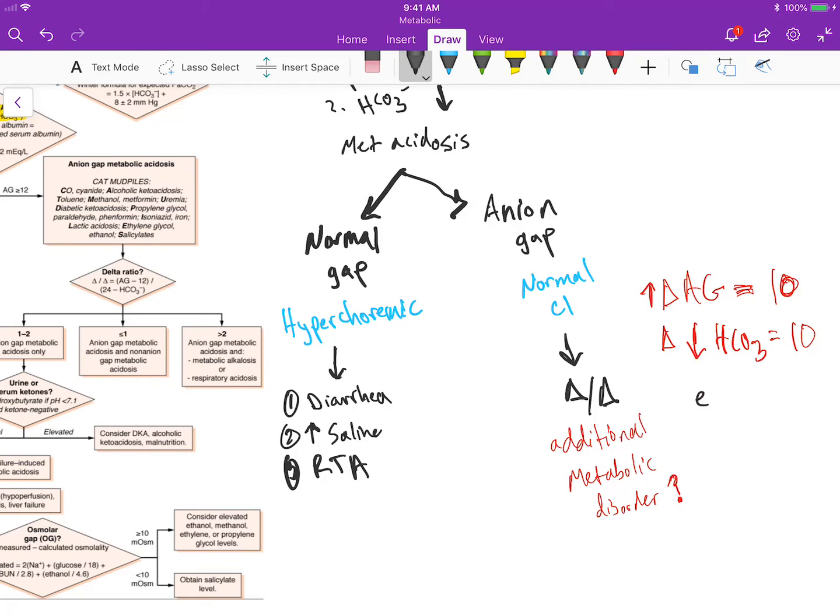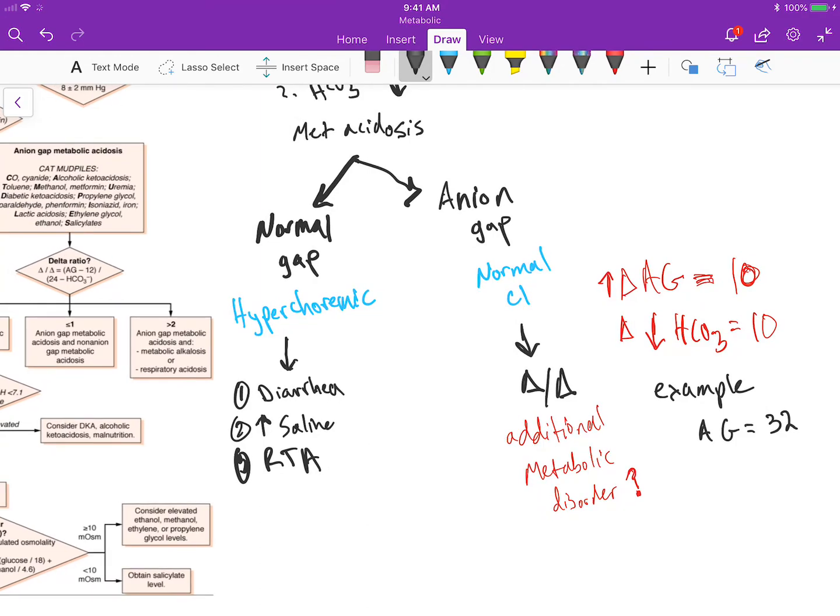Lastly, let's say the gap is 32, and then what should the change in bicarb be? The amount of change from the normal anion gap, normal being 12, would be 20. So the change in AG equals 20.